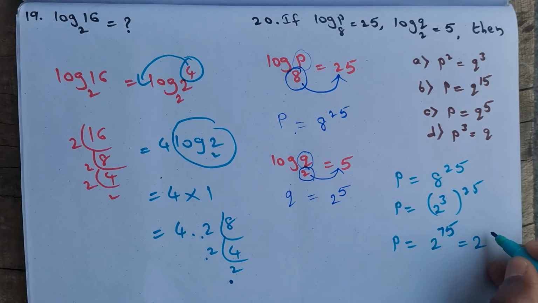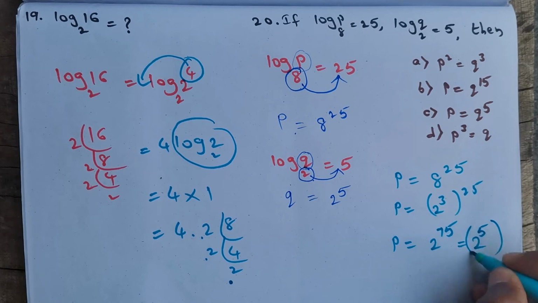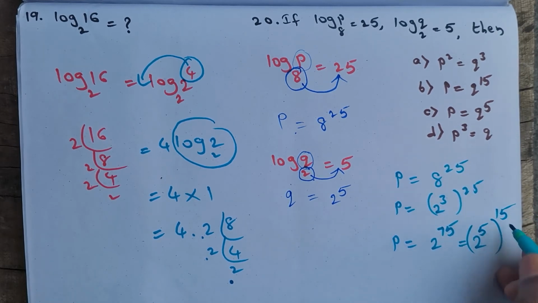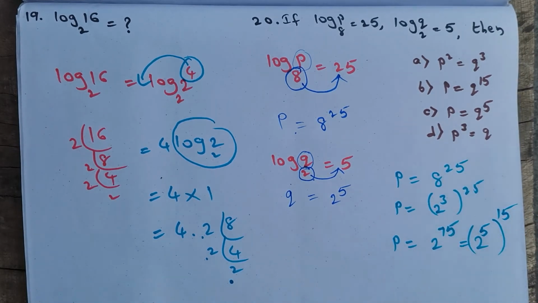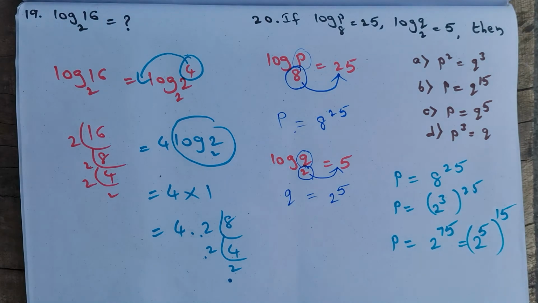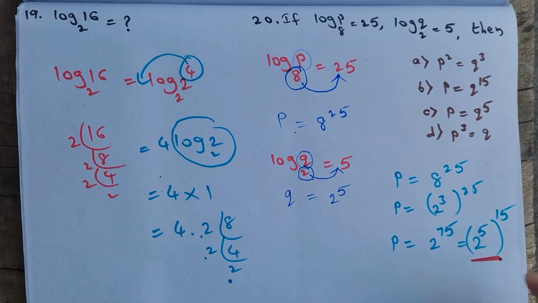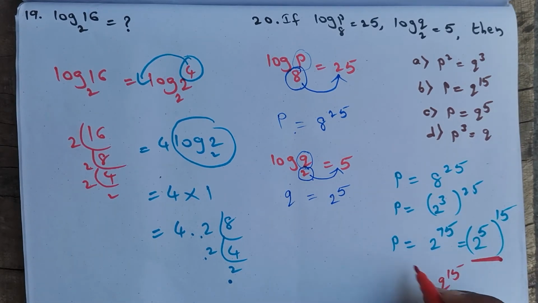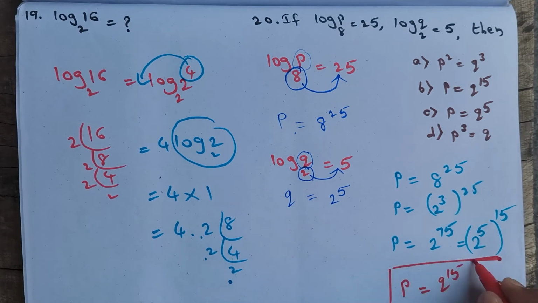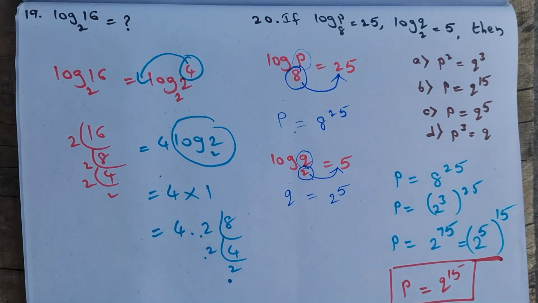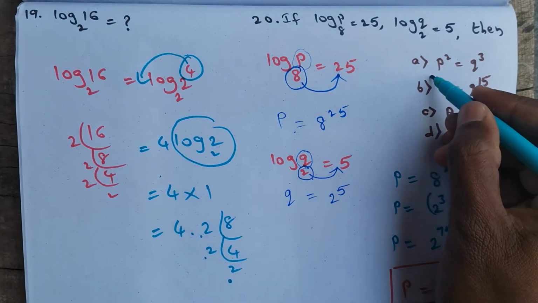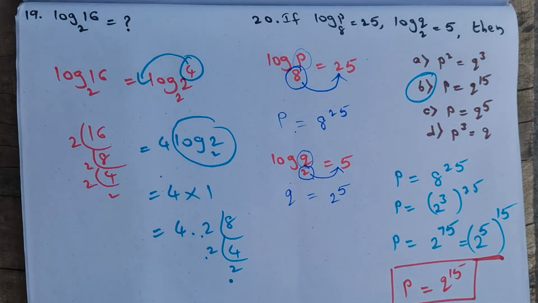I will write it as 2 power 5 whole power 15, because 5 into 15 is also 75. Why am I writing it as 5? Because here we have 2 power 5. 2 power 5 is nothing but q. Here power 15 is there. So p is equal to q power 15. Then option B is the correct one.